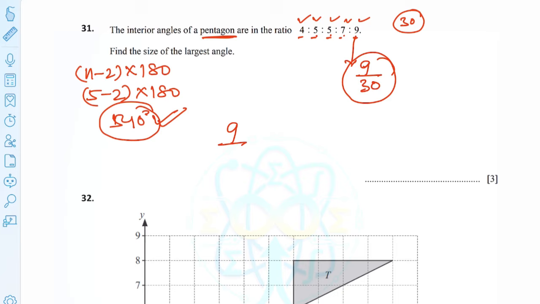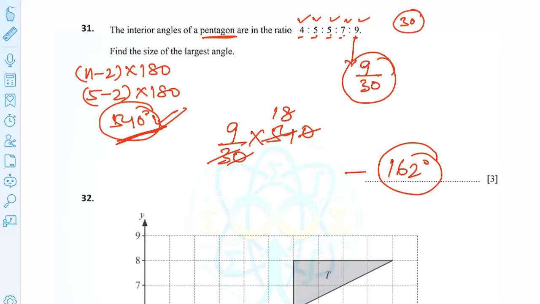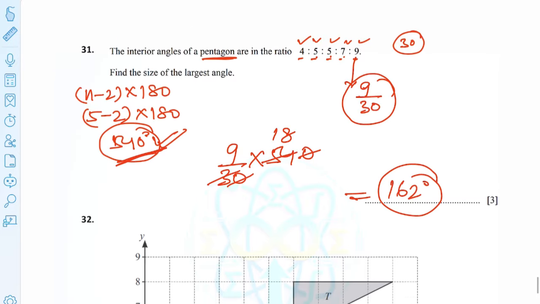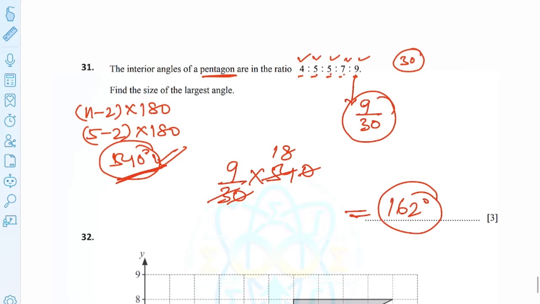To find this answer, 9 over 30 times the total angle, we have 540, right? If you cancel the 10 and 10, 3 times 18... so 18 times 9, you'll get 162 degrees. That is the answer for this question. Please check this. Got it, everyone, clearly?